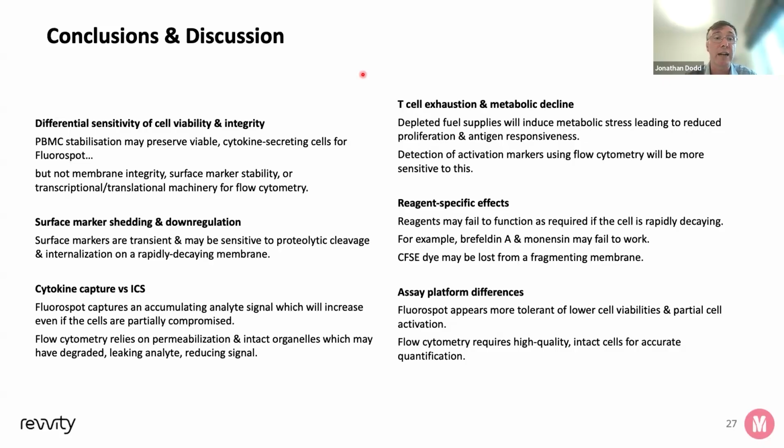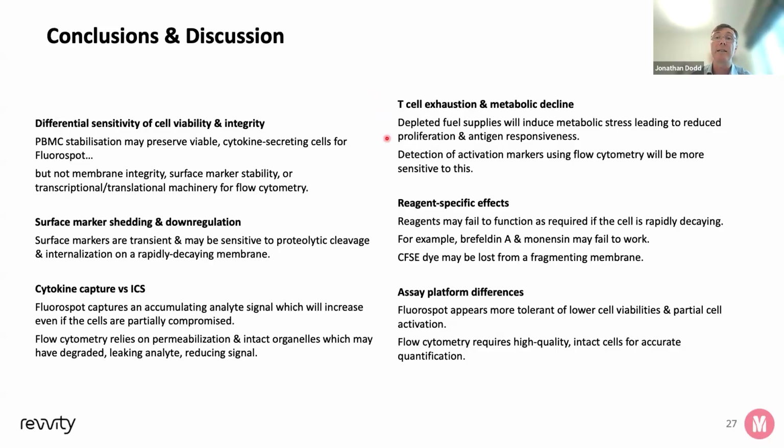Moreover, the method of cytokine capture differs between the two platforms. Whereas FluoroSpot captures an accumulating analyte signal, which will increase even if the cells are partially compromised, the flow cytometry platform relies on permeabilization and intact organelles in order to function, and these are likely degraded, leaking the analyte and reducing the signal.